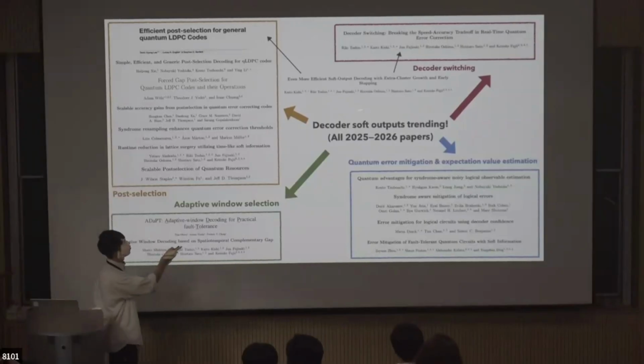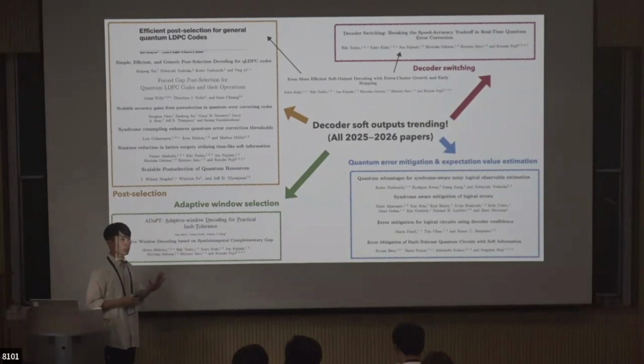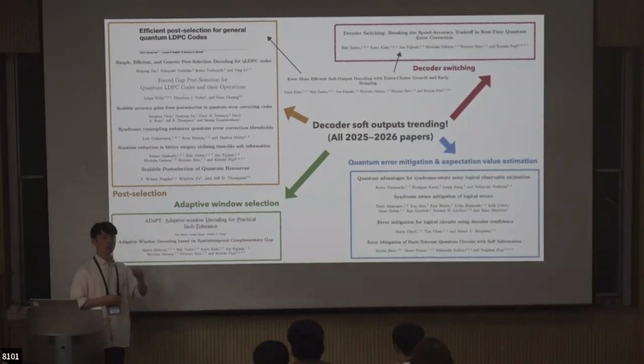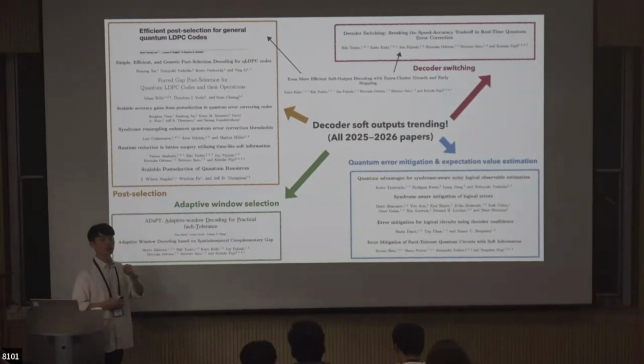For example, there was a very interesting paper on a decoder switching algorithm, which means that we first run a fast but less accurate decoder, estimate the confidence, and then if the confidence is low, we decode again with a slower but more accurate decoder.